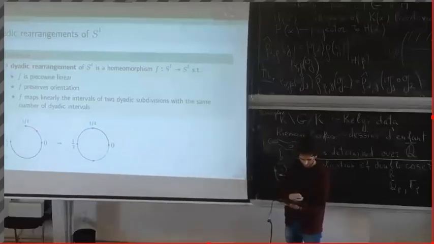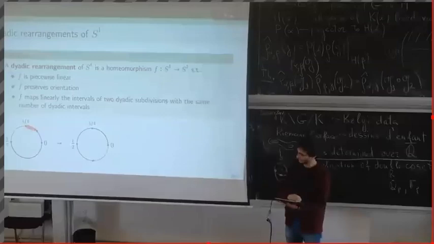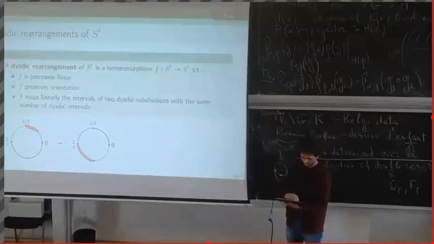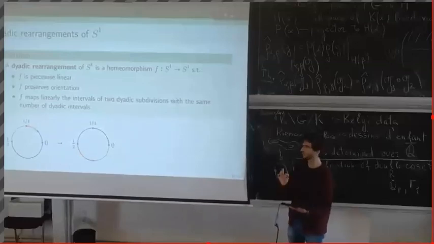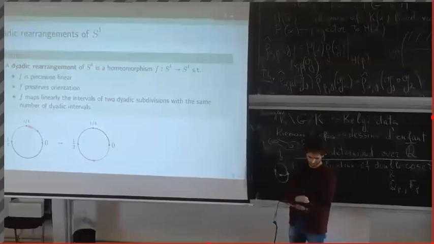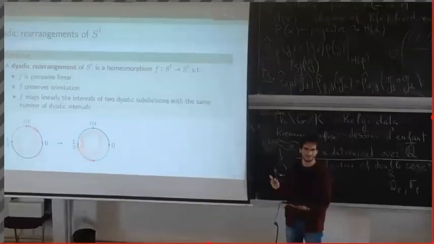For example, the red dyadic interval here is being mapped to the red dyadic interval in the range, but without colors, this would not be clear. In truth, we only need one color, because once you fix the red color here, everything goes in cyclic order. This is the essential distinction between Thompson groups F, T, and V. You can permute these dyadic intervals in a cyclic way in this case.